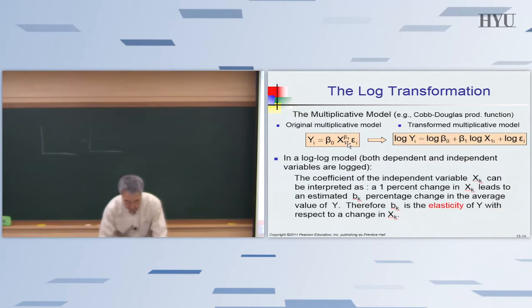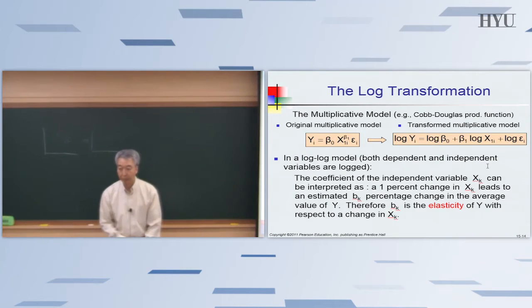If you take a log of both sides, then it becomes log y equals log beta naught plus beta 1 times log x1 plus log error. So in a sense, we are converting a multiplicative model into an additive model, and that way we can run the regression.